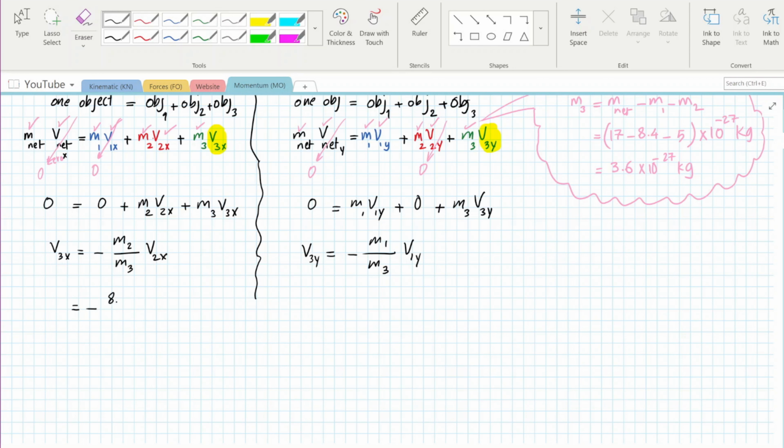Now let's plug in the values and find numerical values for the components of velocity of the third piece.